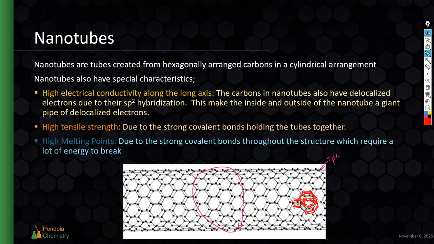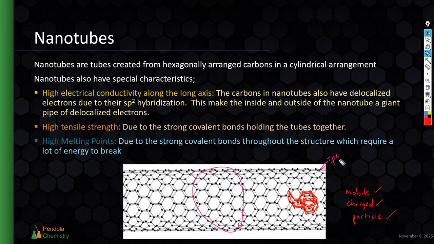Every single carbon is connected to the next carbon through a delocalized area of electrons. And because it's delocalized electrons, they're mobile, charged particles. Meaning the electrons can move all throughout this tube. They're mobile. They're charged because they're electrons, and they're particles because they're electrons.